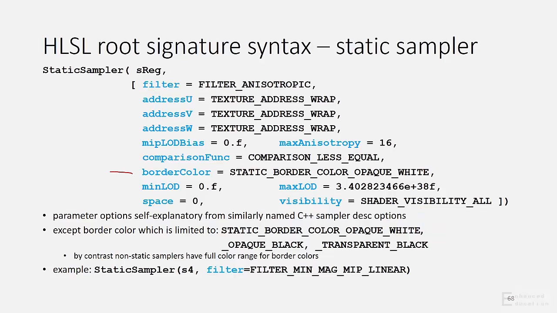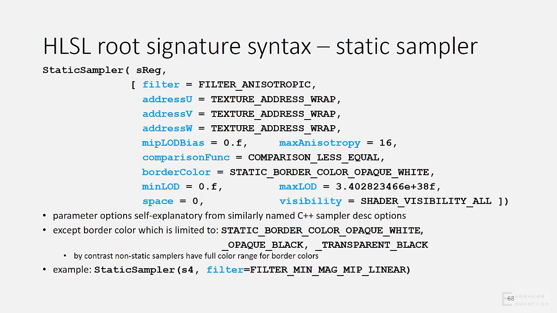When you define a sampler state that lives in a descriptor heap using the C++ method for creating a sampler state, the border color can have full floating point per-channel colors, whereas static samplers use a fixed enum for the selection of border colors, where the options are opaque white, opaque black, and transparent black.